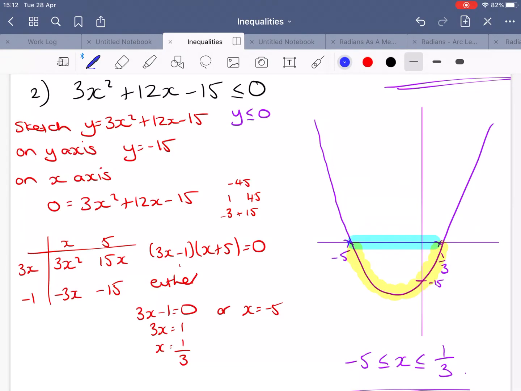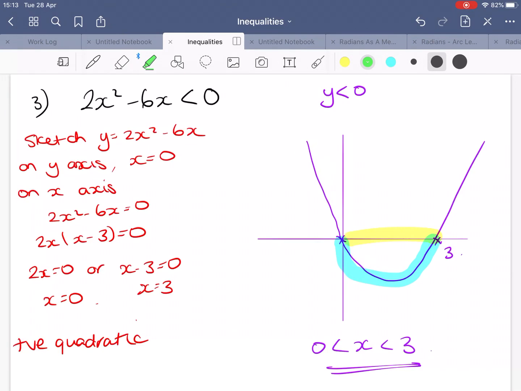This time it wanted to know when the y was less than or equal to 0. So when it's below the x-axis, remember all these values, all the y's are less than 0. So it wanted this region here. Because it's between two values, we write it as one inequality. So -5 is less than or equal to x is less than or equal to 1/3.